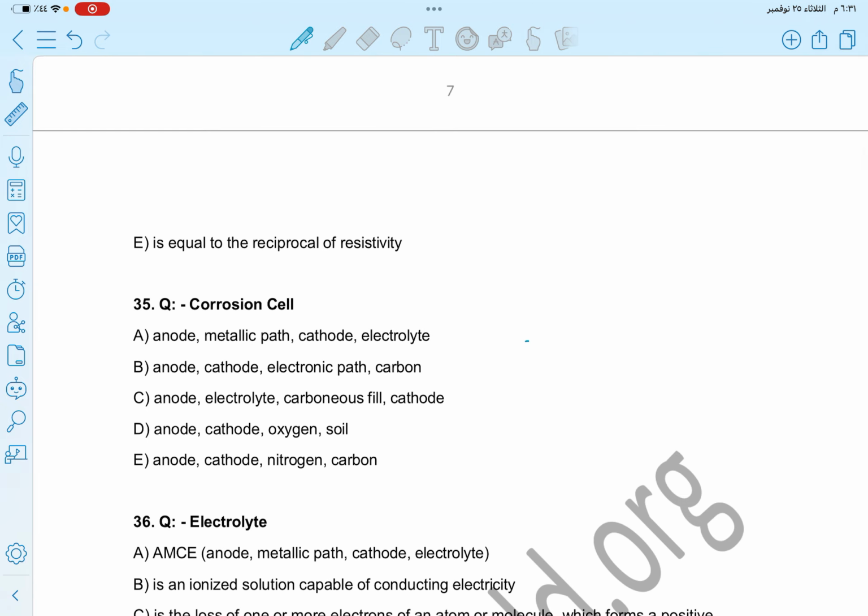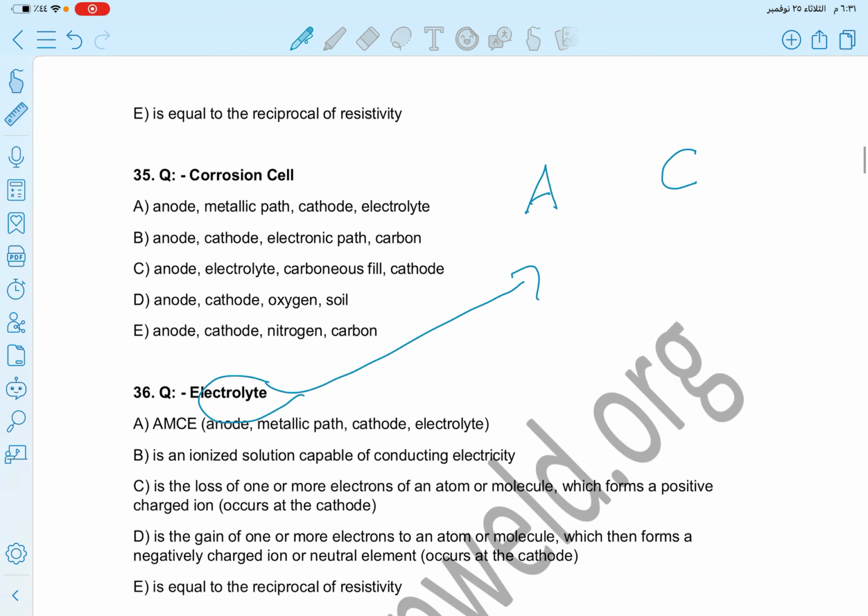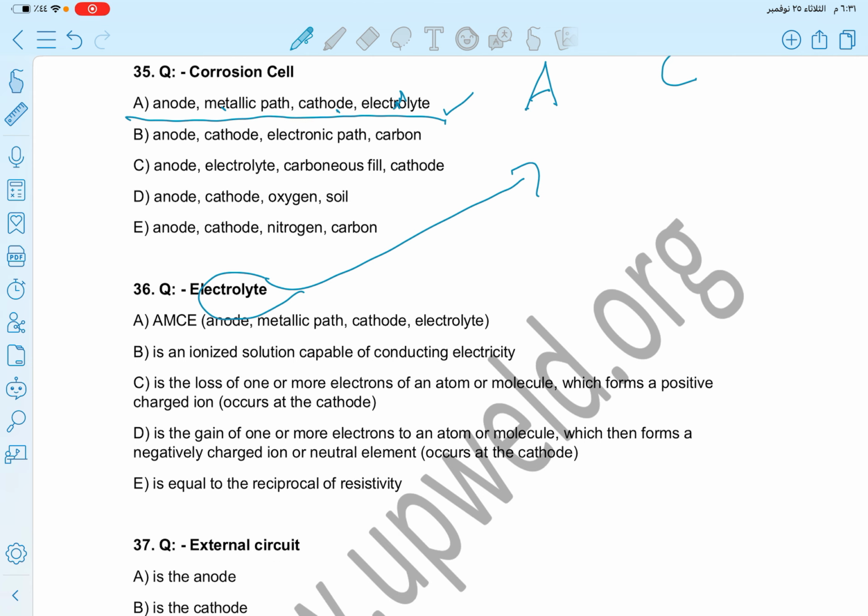Corrosion cell: we have anode, we have cathode, we have electrolyte, we have metallic path. So anode, cathode, electrolyte, metallic path. Electrolyte, what's the electrolyte? The gaining?